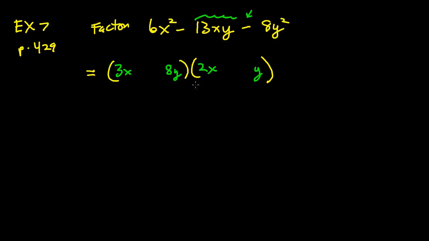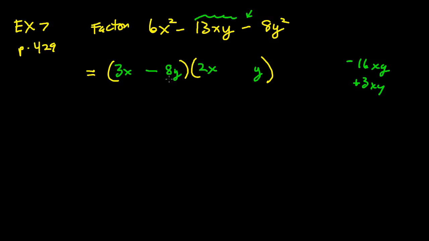If you look here, the inner product, again not considering the signs yet, is 16xy, and the outer product is 3xy. And of course, if I can get a negative sign on the 16 and a positive sign on the 3, then I will add up to what I need, negative 13xy. So let's put a negative on the 8y here.